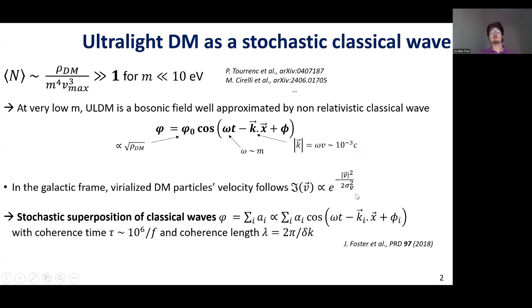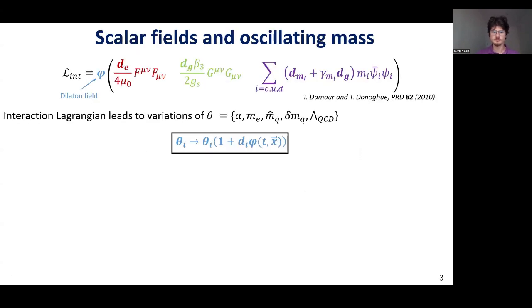And so it means that the field is not completely monochromatic, but it's a stochastic superposition of classical waves where each contribution has its velocity randomly chosen from this velocity distribution. And so the field has a specific coherence time, which is roughly 10 to the 6 times the period, and a specific coherence length. As I will discuss later, this feature will be important for the second part of the talk.